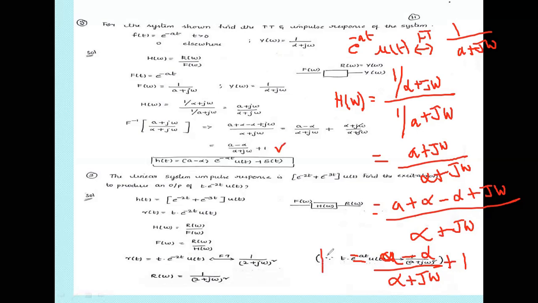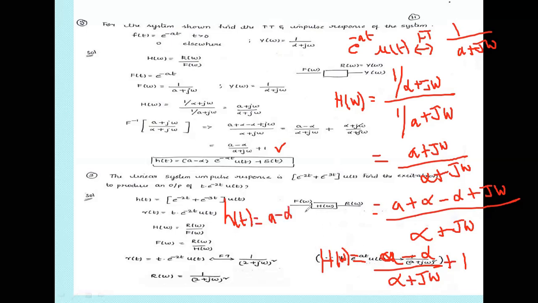So here the H of omega is equal to that, and after combining, to find the impulse response h of t, apply the inverse Fourier transformation. A minus alpha is a constant.